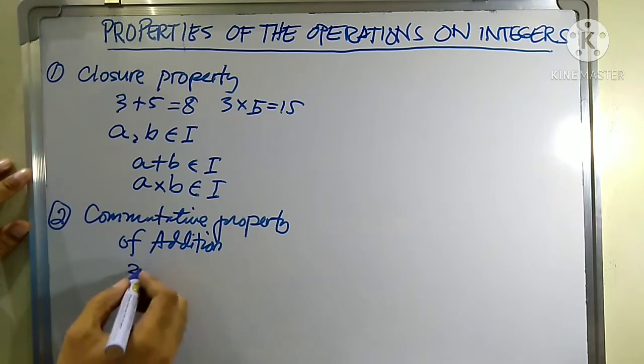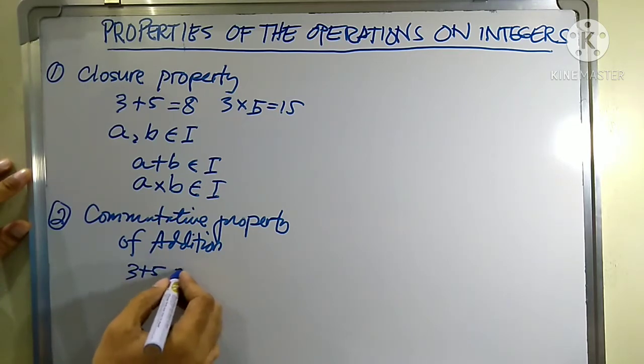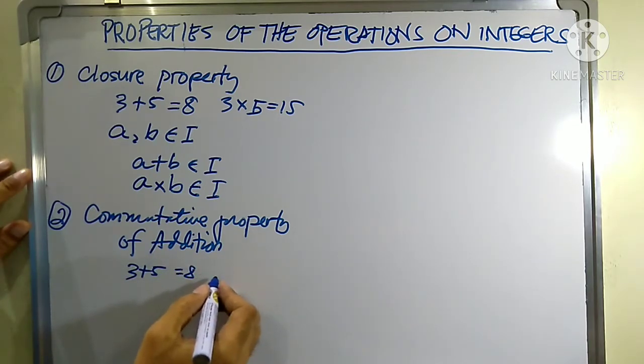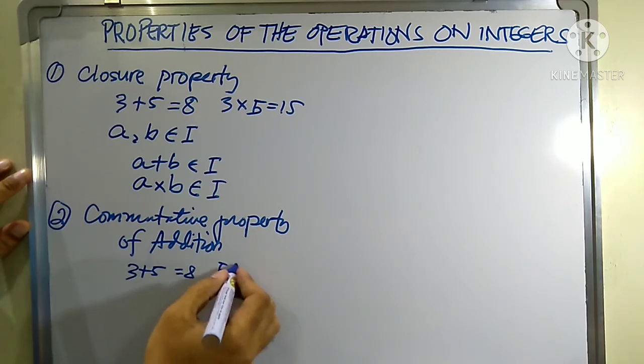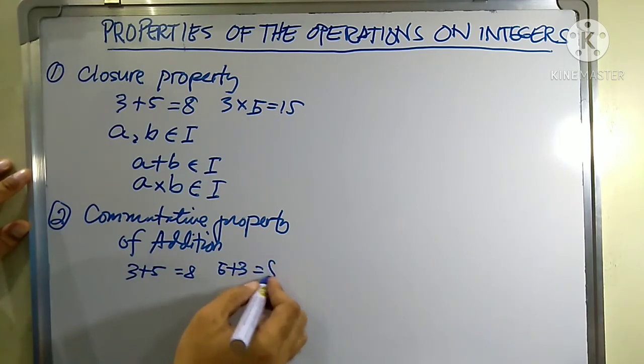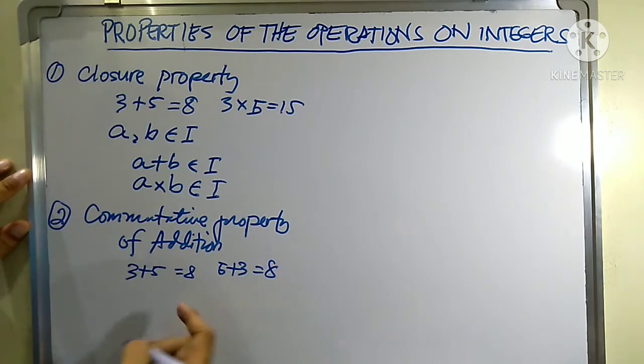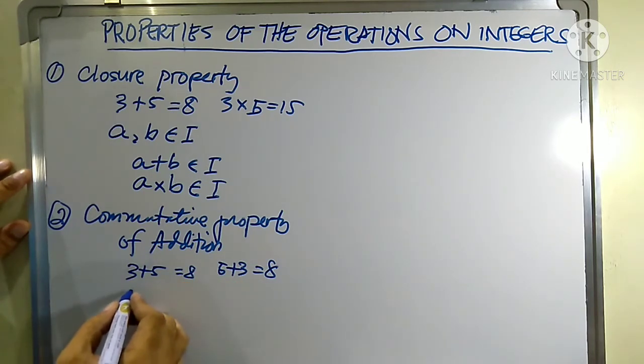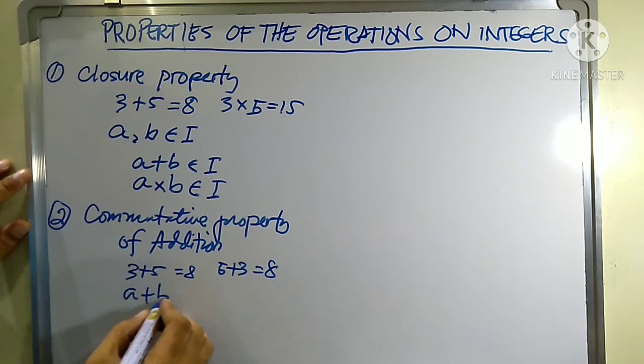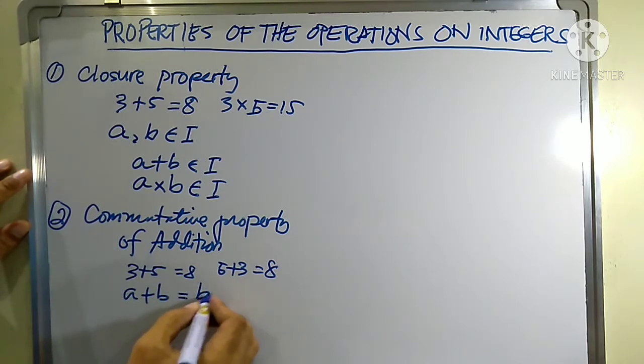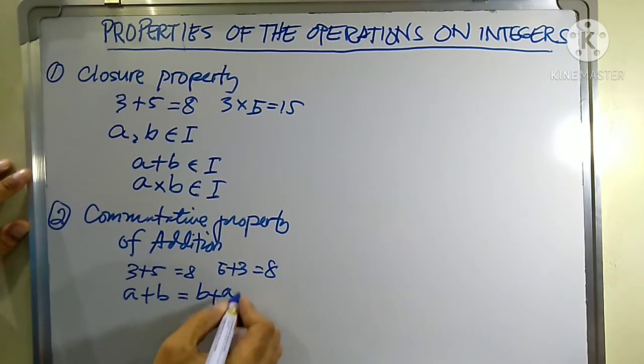If we have 3 plus 5 equals 8, we can have also 5 plus 3 equals 8. In other words, changing the order of the integers will never change the value. Therefore, if you have a plus b, it is also equal to b plus a.